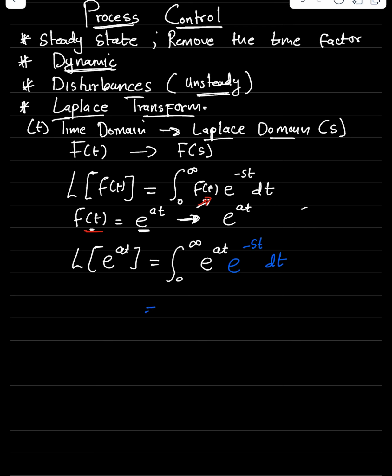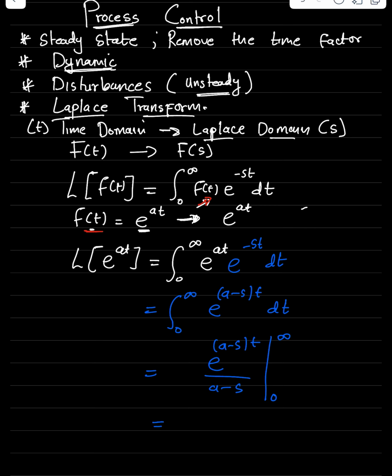So this becomes your normal integration. So now you have e to the (a minus s) t dt. We know that to integrate this is going to become e to the (a minus s) t over (a minus s). You know this from your integration rules from first year, second year. Then this is from 0 to infinity, right?